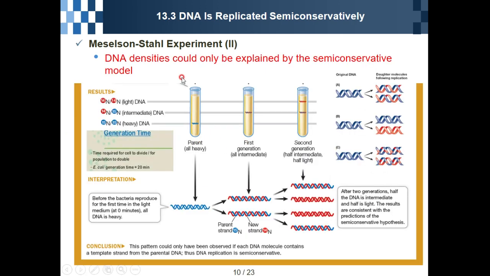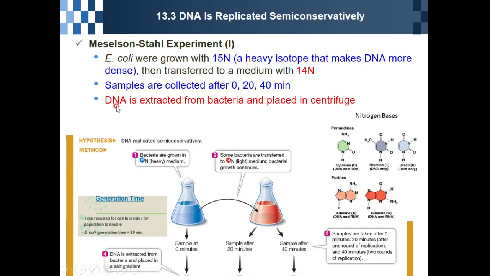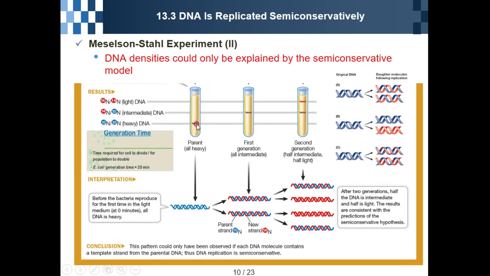At 0 minutes, all of them were very heavy. After that they did centrifugation. DNA is extracted from the bacteria and placed in the centrifuge. They only put the DNA in the centrifuge.